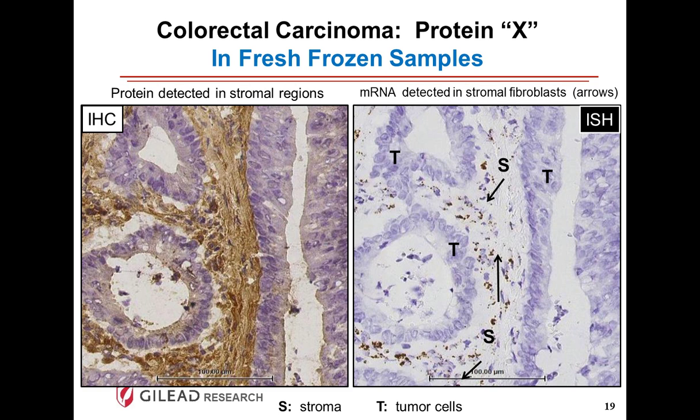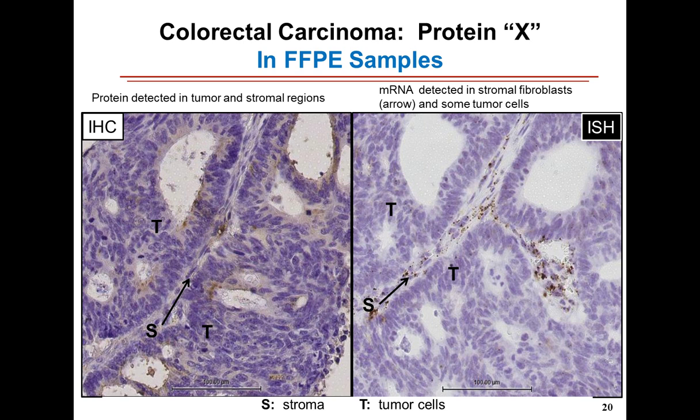I think I have a zoomed-in image here showing that these were actually activated fibroblasts making protein X, and it was secreted into the stromal component of the tissue, whereas the tumor cells are almost completely negative.